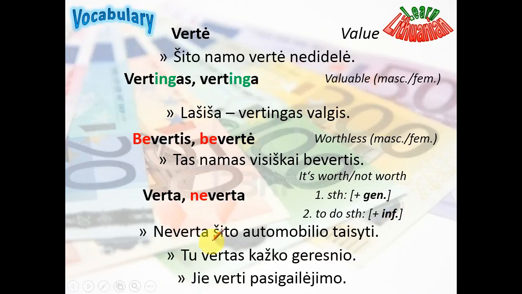Neverta šito automobilio taisyti. Or šitos mašinos. If you're listening to colloquial, informal speech, you will hear šitos mašinos, where all the stress is moved to the front of the noun.